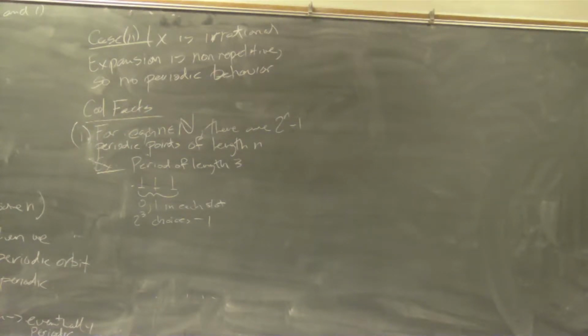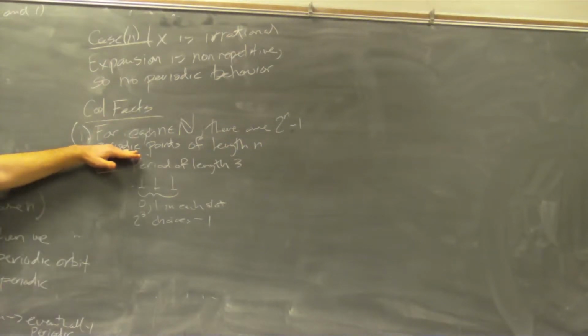Okay. So you can easily count them up like that just doing a combinatorial argument. So how about length 4? Yeah, but you would have 1, 0, 1, 0. That's actually period 2, right? Period of length 4, 1, 0, 1, 0. Oh yeah, sorry. I'm abusing the language a little bit, right?